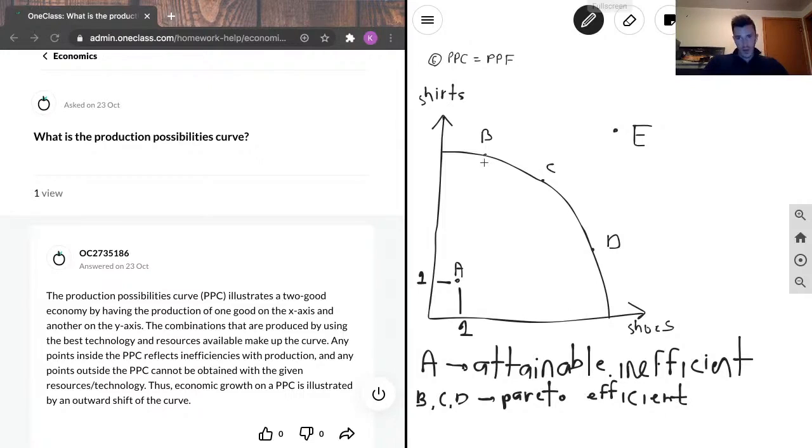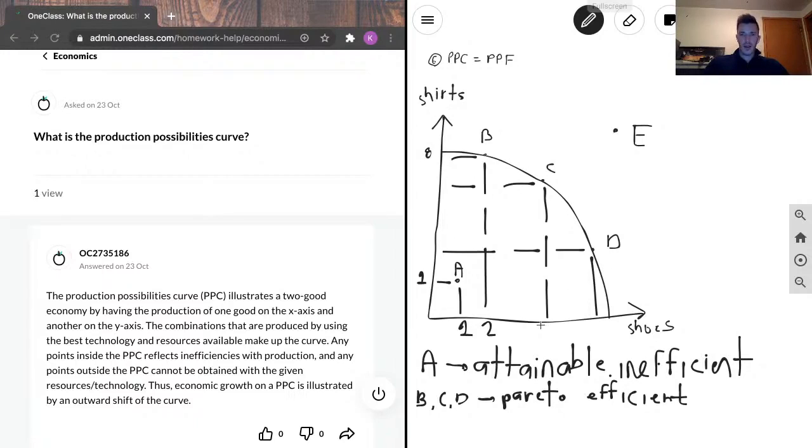So we've got 3 different points here, B, C, and D. Let's say at B, you can get 2 shoes, pardon me, and 8 shirts.